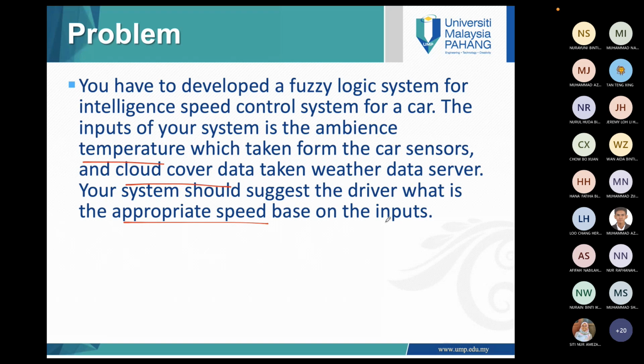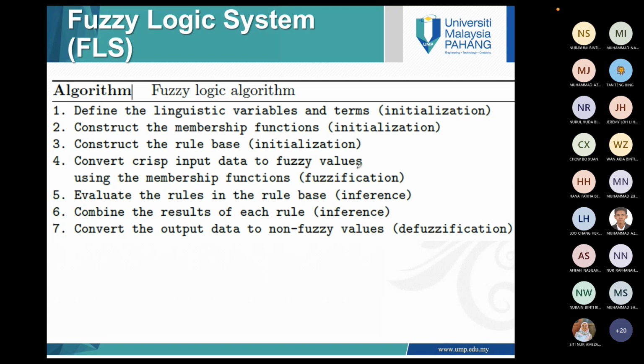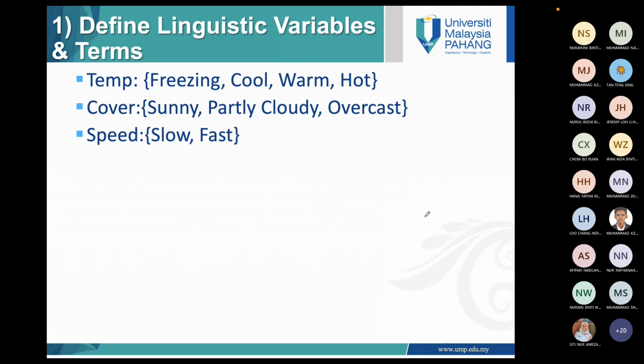So what it means now is you have temperature, you have cloud cover, and then you will suggest to the driver how fast or how slow the driver can go based on the temperature and the cloud cover. Okay, so based on the fuzzy logic algorithm here, you define the linguistic variables and the terms.